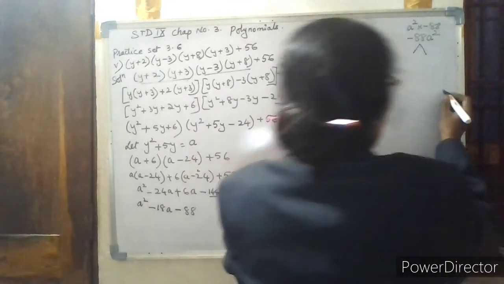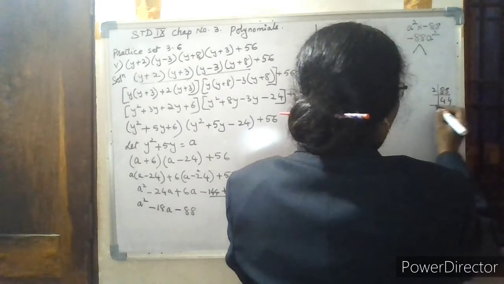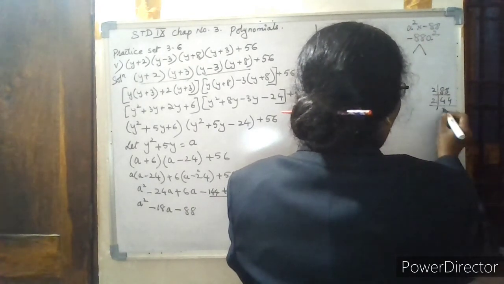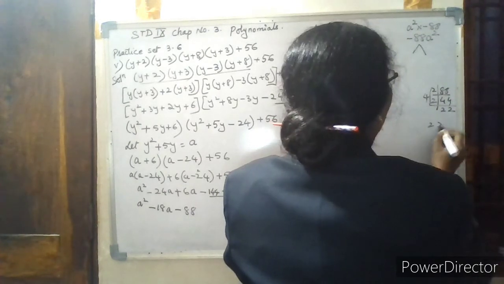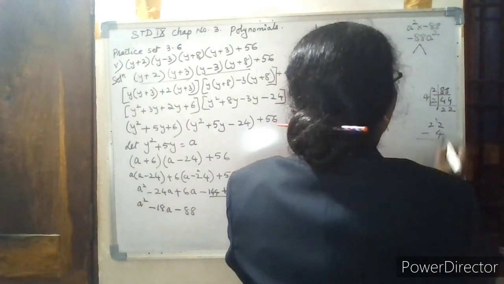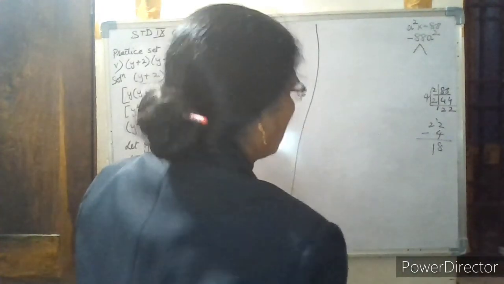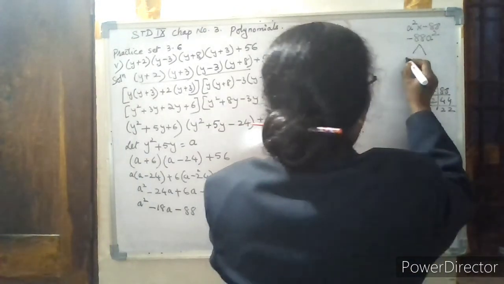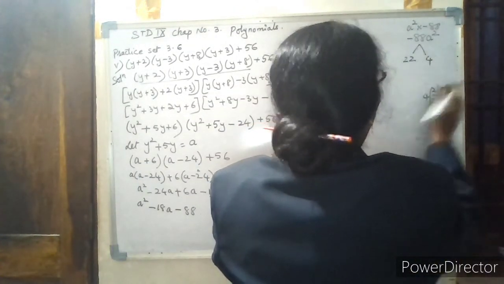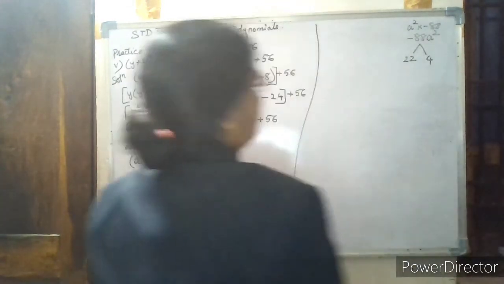So factorize 88: 22 into 4. 22 and 4 are the factors here.